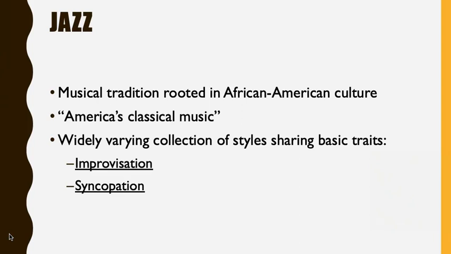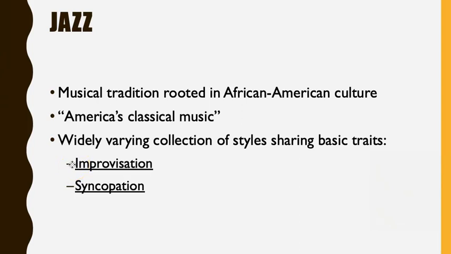Even though there are so many different types, this entire genre of jazz is connected by two basic traits. We're familiar with syncopation and rhythmic complexity. Of course, we've talked about that quite a bit, especially with Scott Joplin and his Maple Leaf Rag. But we haven't really seen much improvisation up until this point.